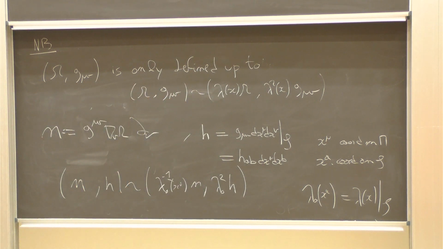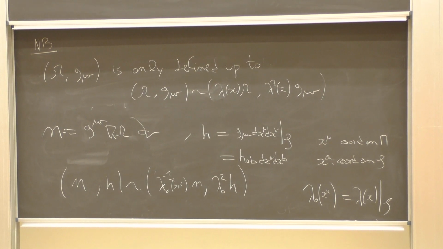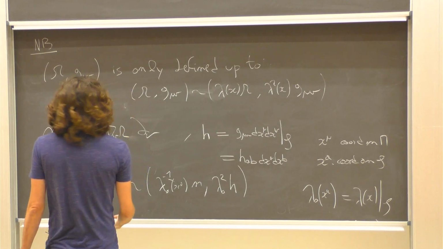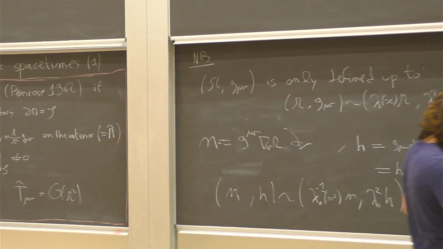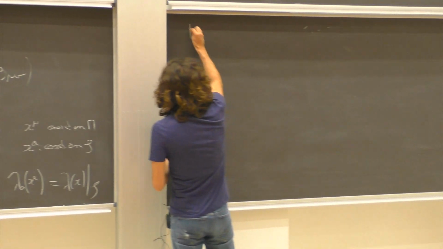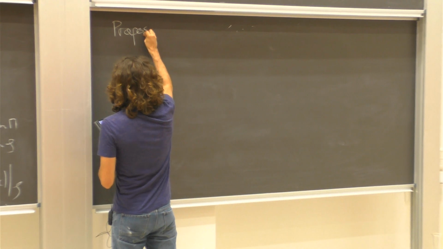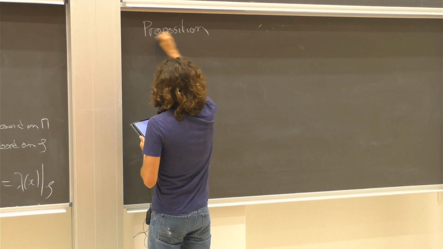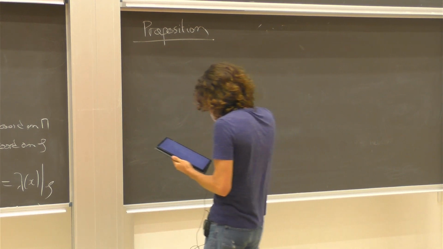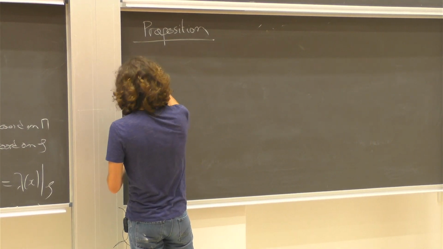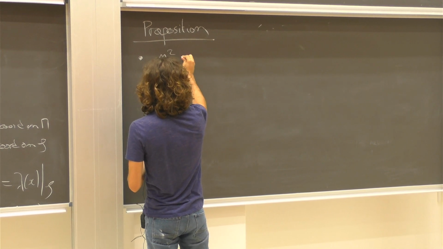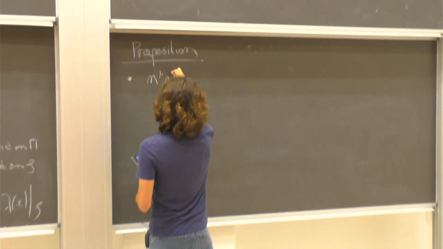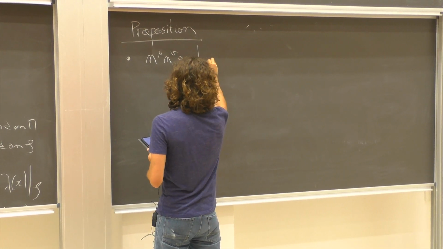Okay. So now we want to discuss a bit of the properties of this object, of this normal. What can we deduce on this structure from these assumptions? So the normal is null, so n^2, so n^μ g_μν restricted at scri equals 0.